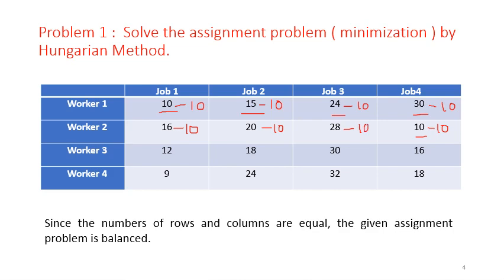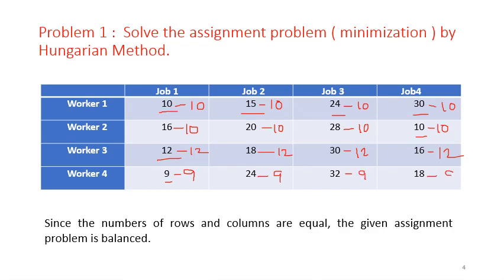Third row, the minimum is 12, so subtract all elements by 12. Similarly, when you go to the fourth row, the minimum is 9, so you will subtract this minimum element 9 from all other elements in the row.